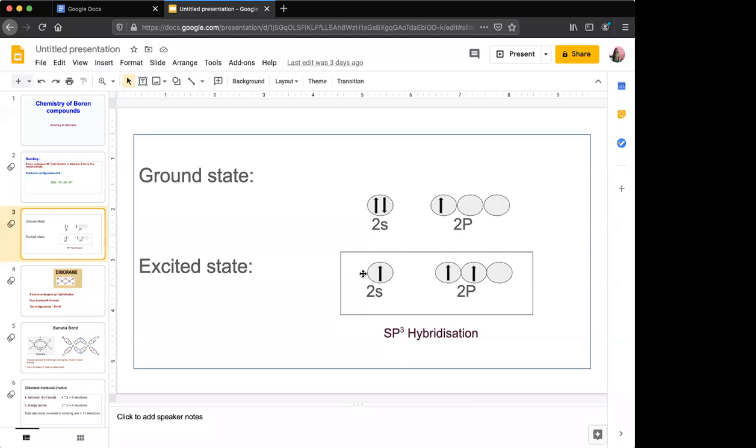In the excited state, one electron from this 2s orbital will get excited to the higher energy 2p orbital. So 2s has 1 electron and 2p has 2 electrons.